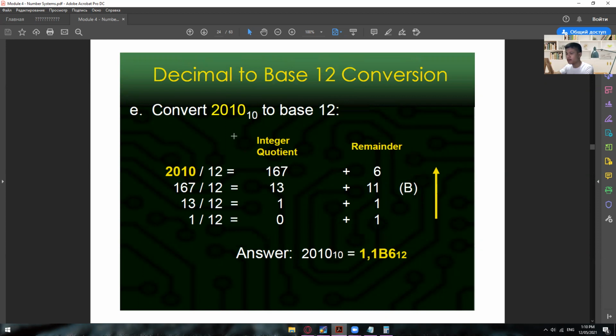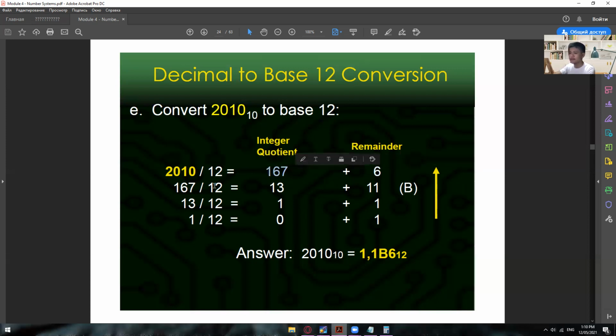So next example right here is 2010 divided by 12. So I was able to get a result of 167.5. So 167 right here, and then 0.5 times 12 will serve as our remainder. So just half of 12 is 6.